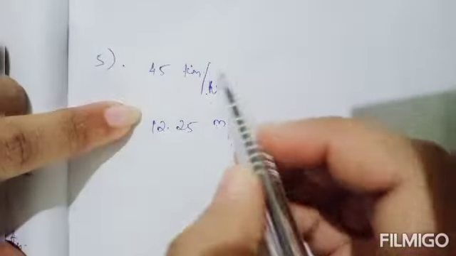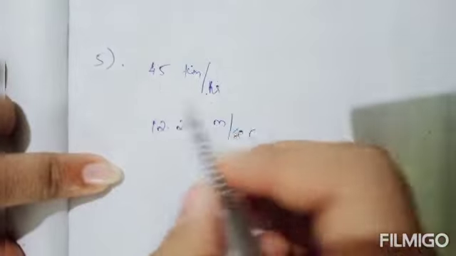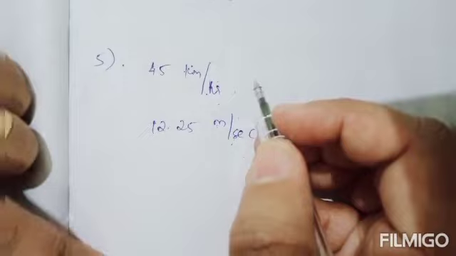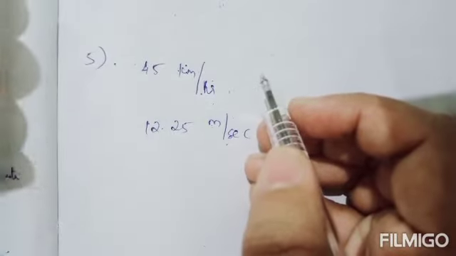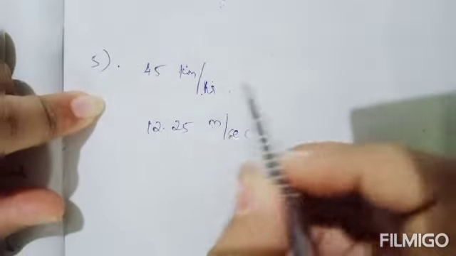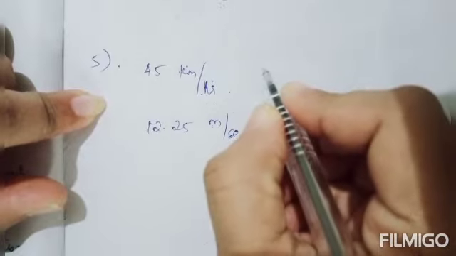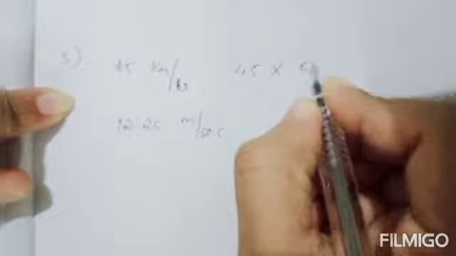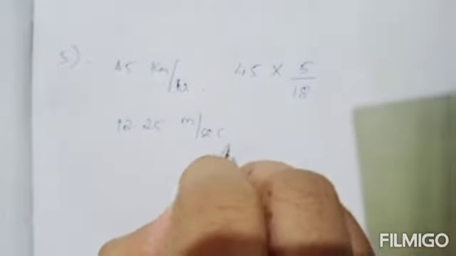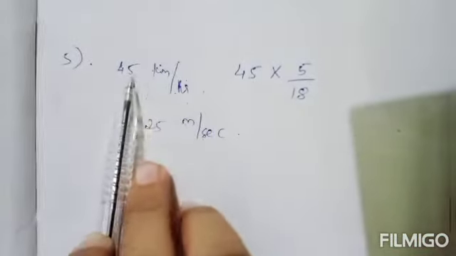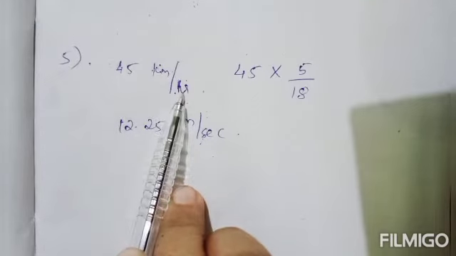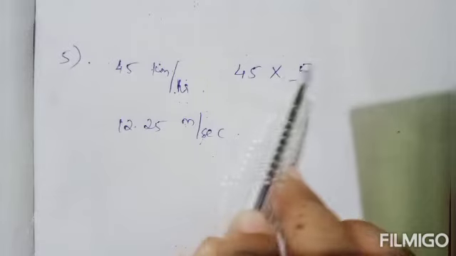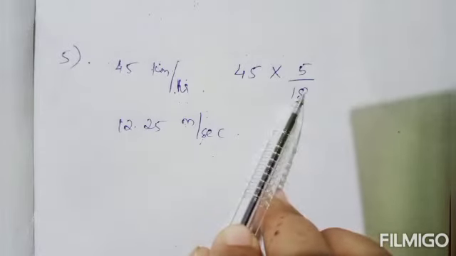Okay, so here let us convert this kilometer per hour to meter per second. Okay, so what to do? In order to convert kilometer per hour to meter per second, what to do? Just multiply by 5/18. Okay, in order to convert 45 kilometer per hour to meter per second, just multiply 45 by 5/18.